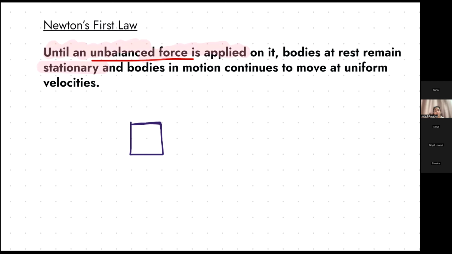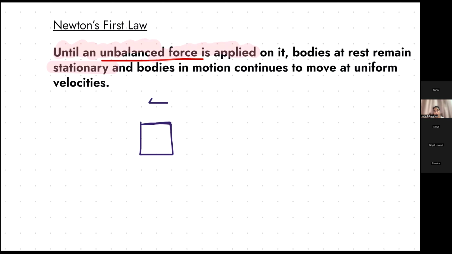Then there are objects that will move in uniform velocity. Think of an object that is already moving. Let's say this is an object, already moving with a velocity of, let's say, 5 meters per second. To this already moving object, let's say I give a 5 newton force in this direction, and let's say Sandaru gives a 5 newton force in the opposite direction. Now it's balanced again.